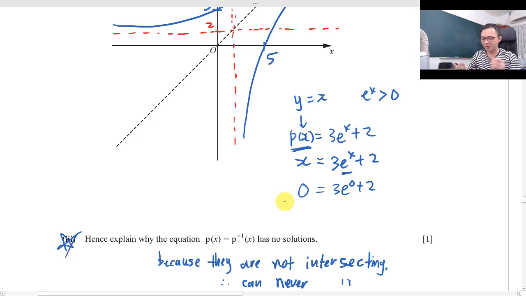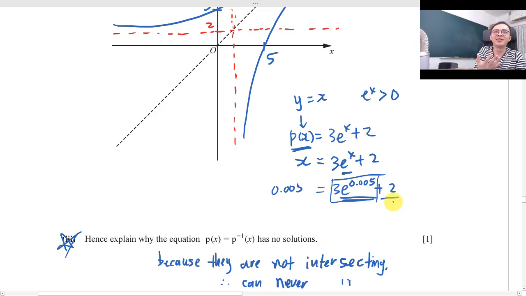In order to make that intersection, I must find a way to make both of them equal, right? You might think, how about you insert a smaller value, something like 0.005? Even if you do that, this part will change to 0.005, and here it is definitely 3 plus 2 already. So no matter what, it's bigger than 5, so therefore they will never equal each other.